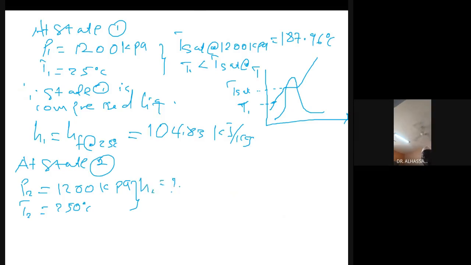How do we determine H2? First, we need to identify the state of the fluid. So it means we need to find T saturation. T saturation at 1,200 kilopascal equals 187.96 degrees Celsius.